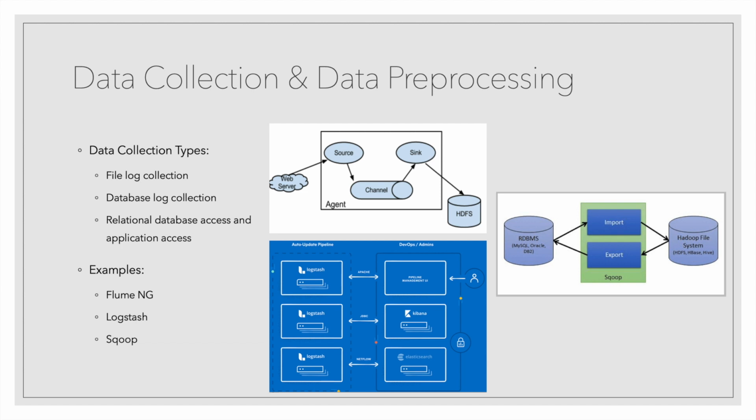And then Logstash is an open source server-side data processing pipeline that collects data from multiple sources, transforms data, and sends it to your favorite repository. The commonly used repository is Elasticsearch.